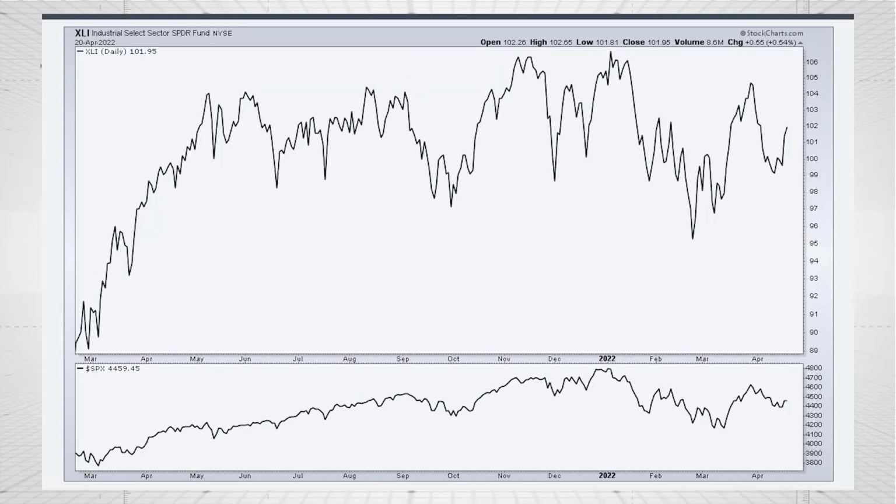So at StockCharts, what I do is take this one step further, and I take a chart list. This is an ETF chart list that I've got here. We've got XLI, and I've just got a line chart with no annotations on it, and I have no plans of annotating this. Below, I have the S&P 500, and that's what I'm using to compare performance.